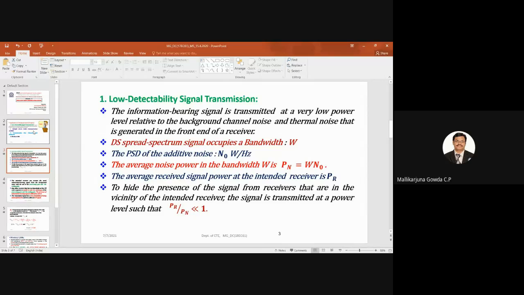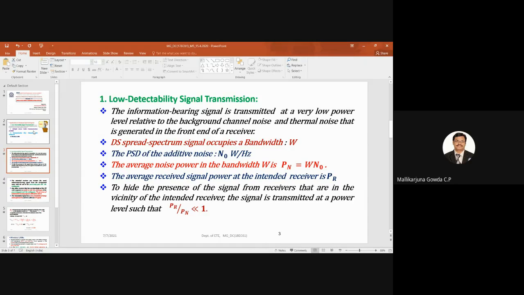So here, the information bearing signal, meaning the message signal, is transmitted at a very low power level relative to the background channel noise as well as thermal noise. This thermal noise is generated in the front end of a receiver.